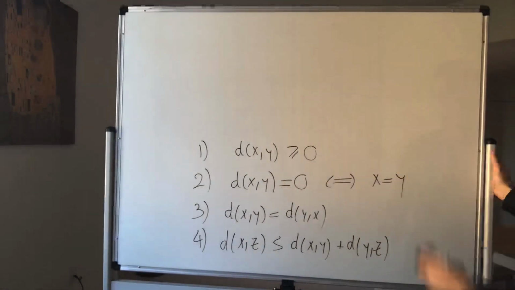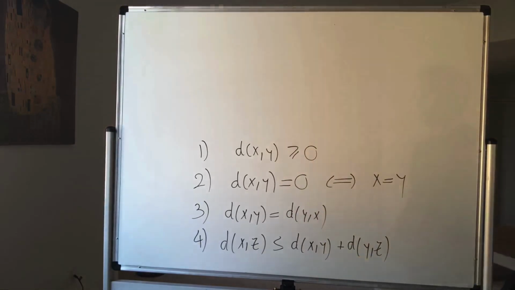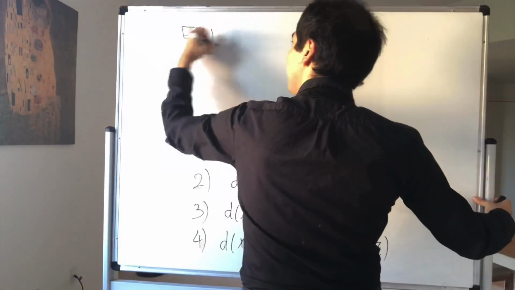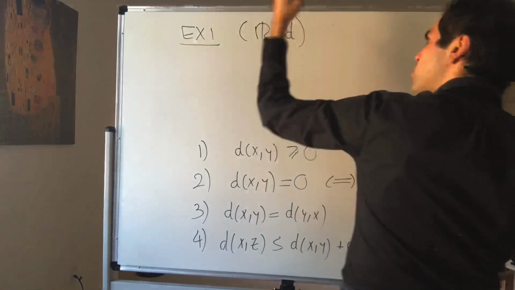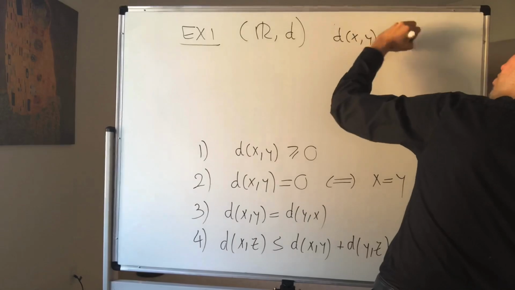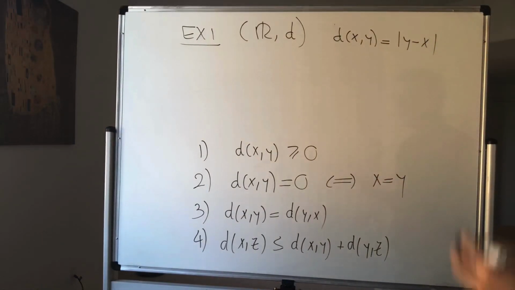Again, a metric space is any set with a distance function that satisfies the following properties. Well, of course, the first example is the one we've seen before. So the real numbers with the distance simply being: the distance between x and y is the absolute value of y minus x.